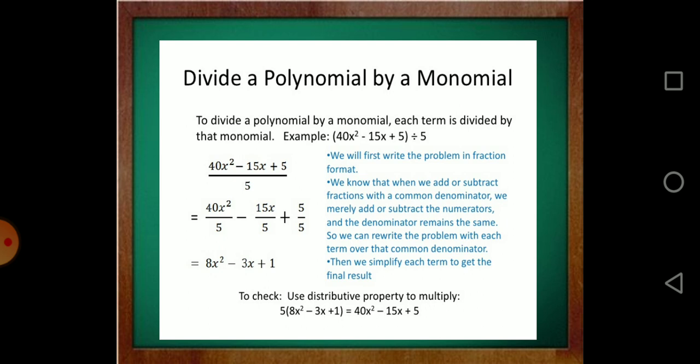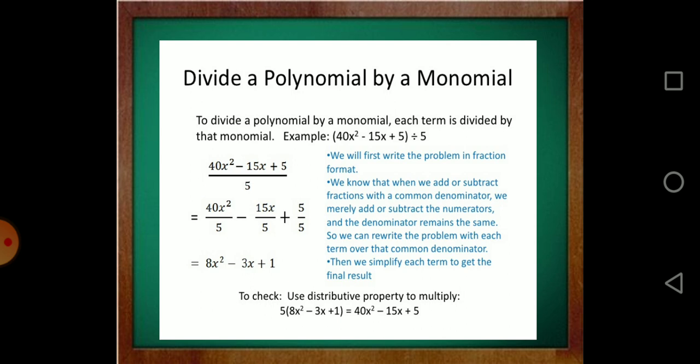Here, the dividend is 40x square minus 15x plus 5 and the divisor is 5. You may get a doubt, 5 is not a monomial. No, 5 is a monomial with degree 0. Every constant is also a polynomial, and a polynomial with one term is called a monomial. Every constant is also a monomial with degree 0.